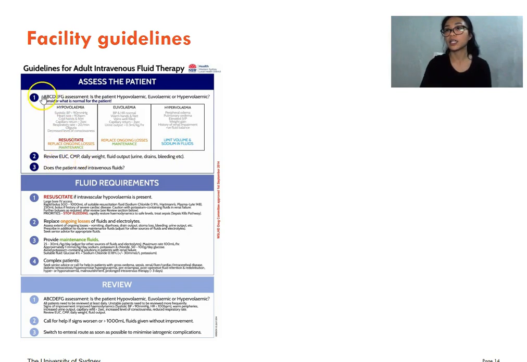Their second step after this assessment and this very general guide is to review their bloods. And so EUC, your electrolytes, urea and creatinine. Have a look at your comprehensive metabolic panel, which is used as a screening tool to evaluate the health of organs.